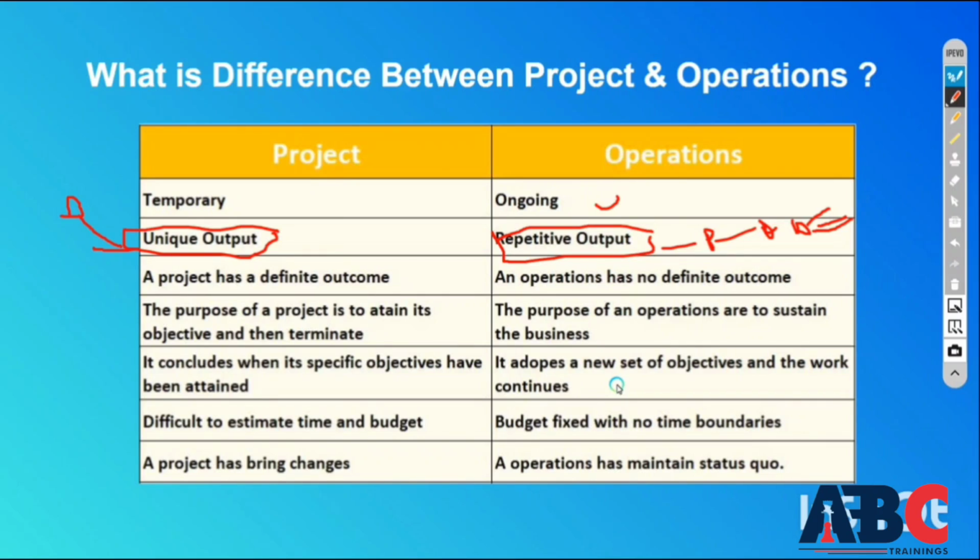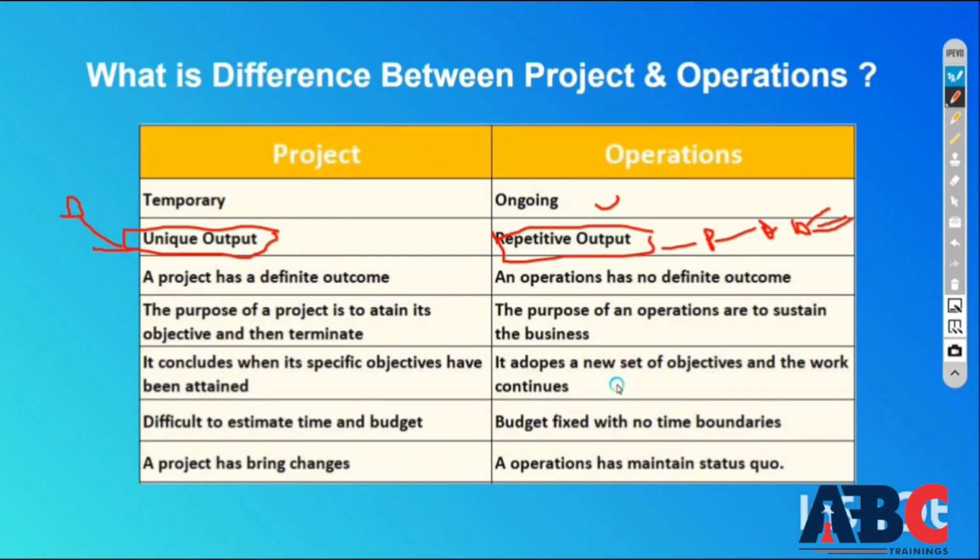In operations, the budget is fixed and there are no time boundaries because it is continuous. A project brings change, while operations maintain the same status.